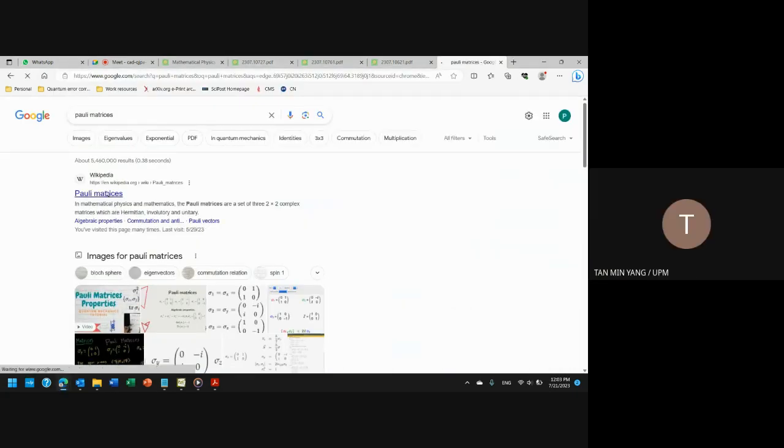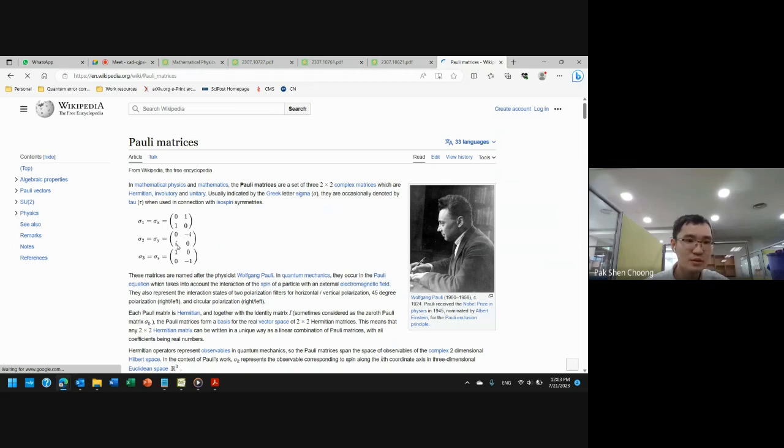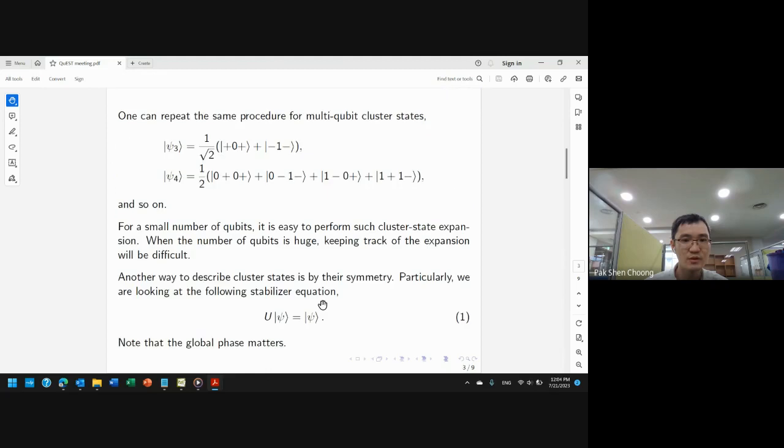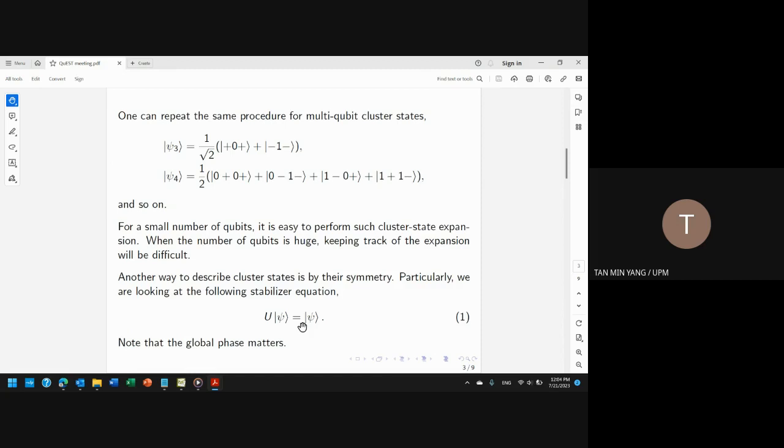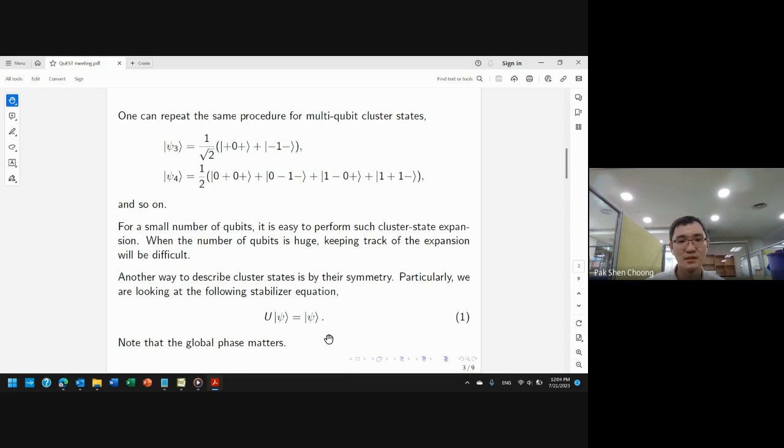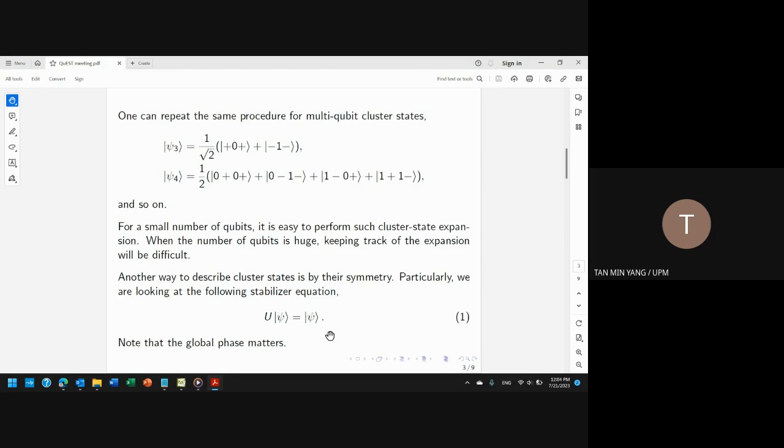So if you have 1, 0, which is your zero state, when you multiply it, you always get back 1, 0. That's why it satisfies this equation, which is a matrix multiplication. You get the same vector.